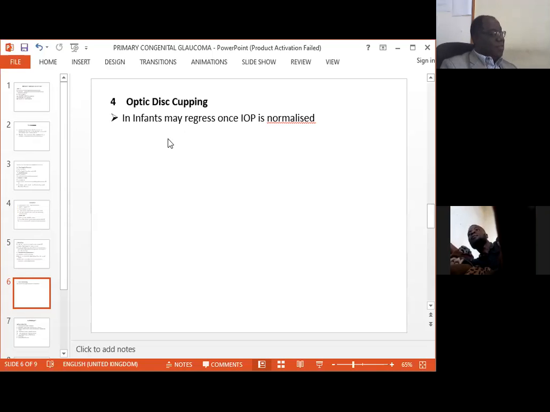This may regress, the capping of the disc being because of the excessive fluid. When an operation is done and the flow is gone nicely, this may regress. But for others, to regress, first you have to go to the hospital where they can treat you.